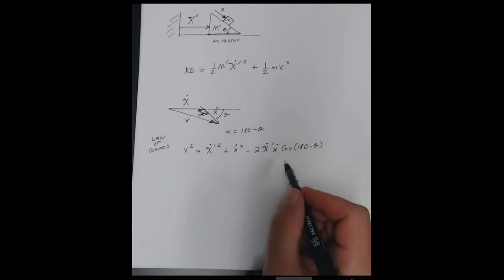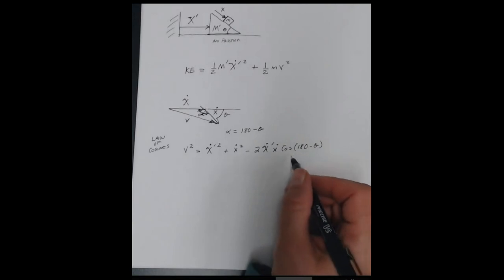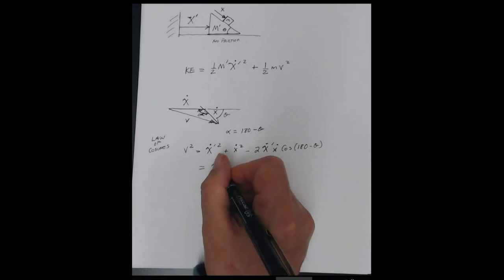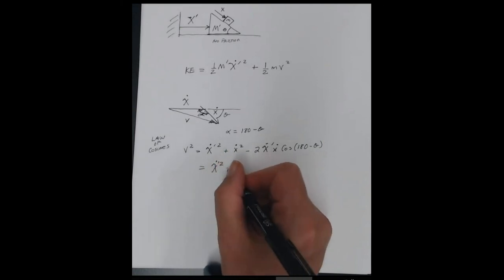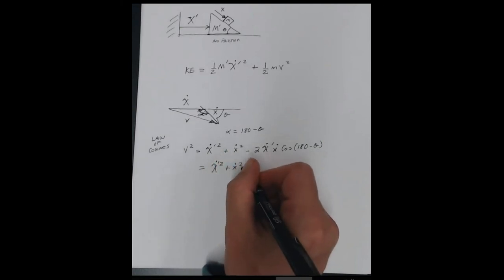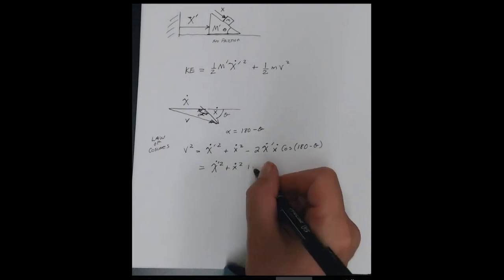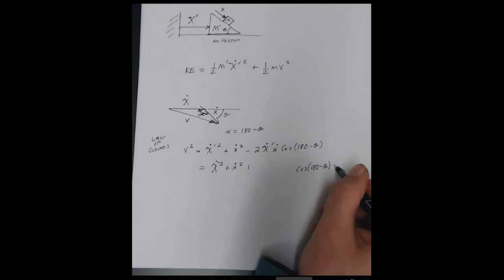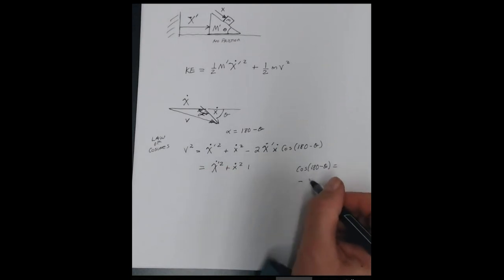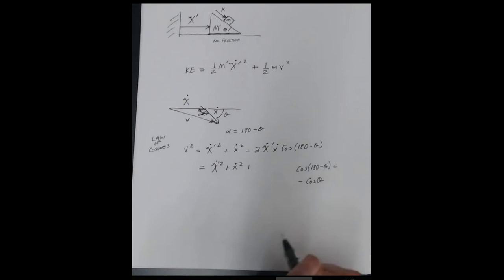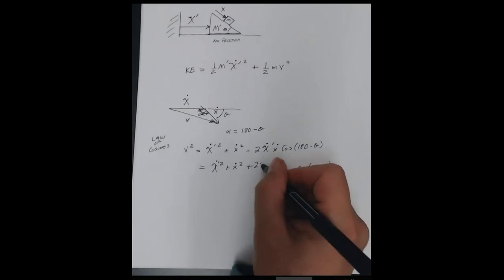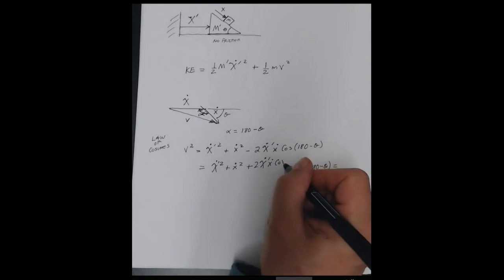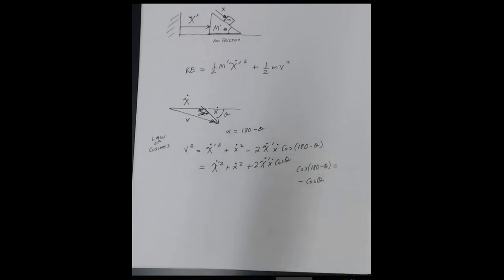Cosine of 180 minus theta is going to be negative cosine of theta. So I'm going to get a plus here. So there's my velocity.